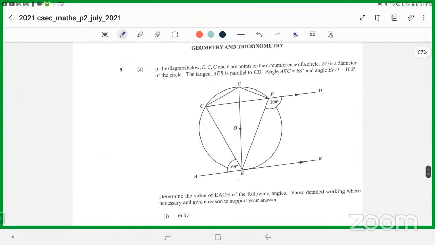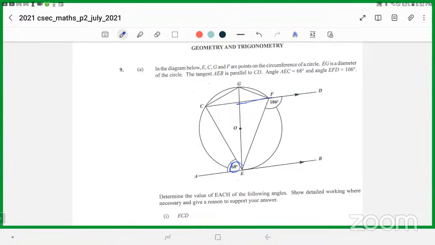So I had to make an amendment to this question because these values were inconsistent. There's no way this can be 68 and that be 106. You understand? But that happens in CSEC all the time. They give wrong values sometimes. So if I'm going to leave the 106, I'd have to change this to 74.